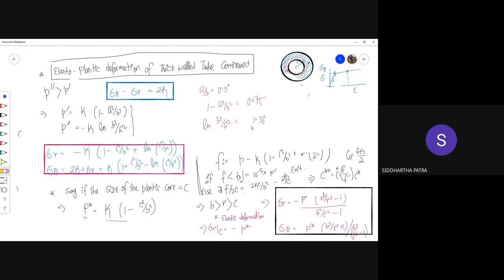1.38. Yes, of course it is going to be positive. Ln of B squared by A squared.